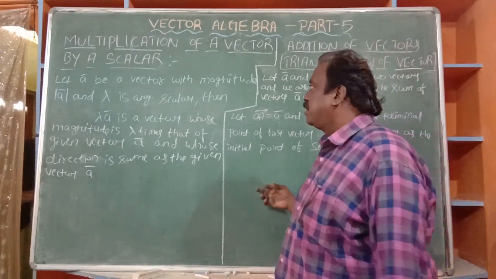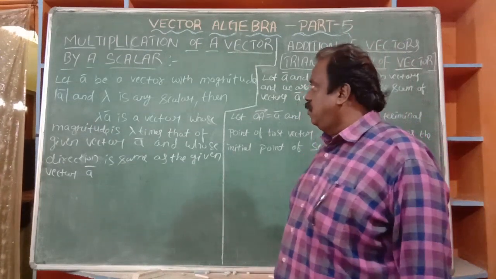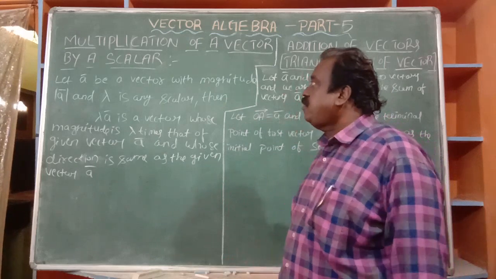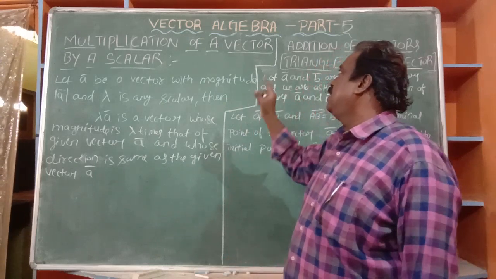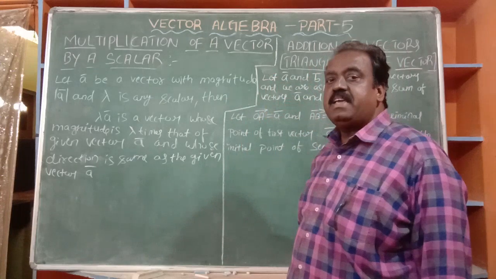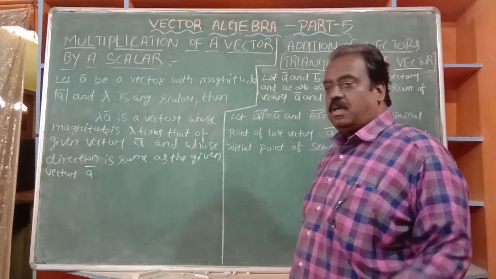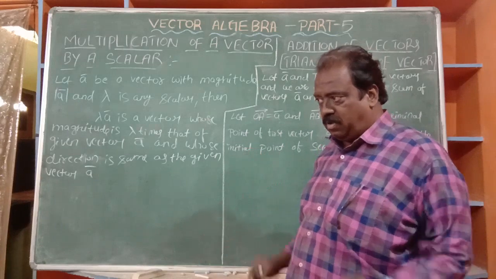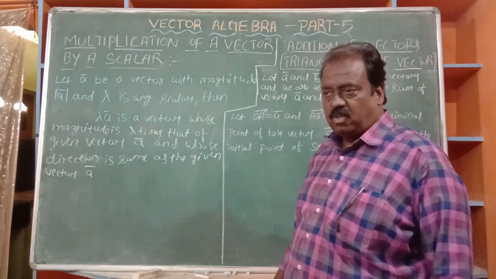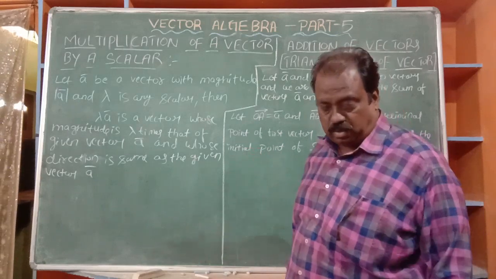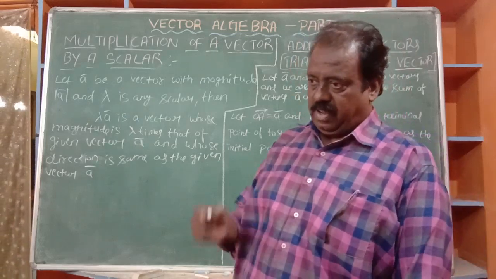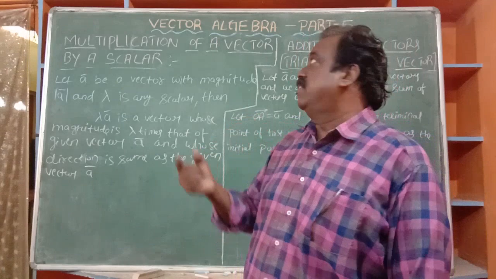It is also important. Now, this concept is the multiplication of a vector by a scalar. Vector and scalar are two different concepts, two different physical quantities. One has only magnitude, and the other has magnitude as well as direction.